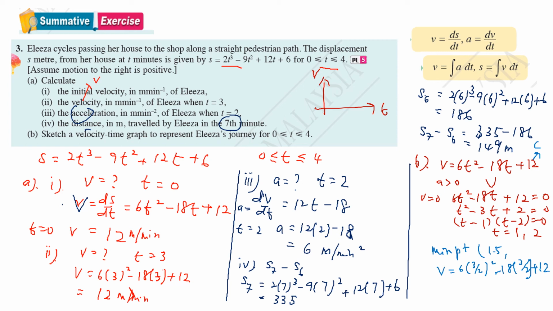So we get the minimum value of v, which is negative 1.5. This is the answer for B.